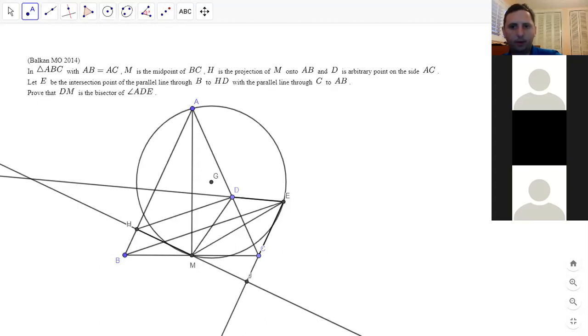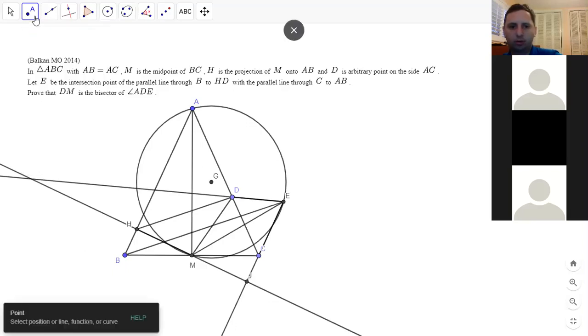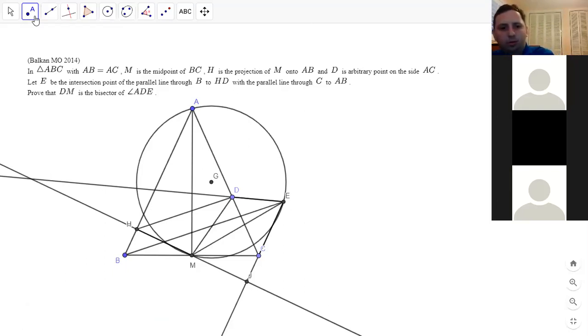I don't know if the circle tangent to CD and CE. Well, no, there's infinitely many circles. We need one more fact. Yeah, we need the distance from M to CB.